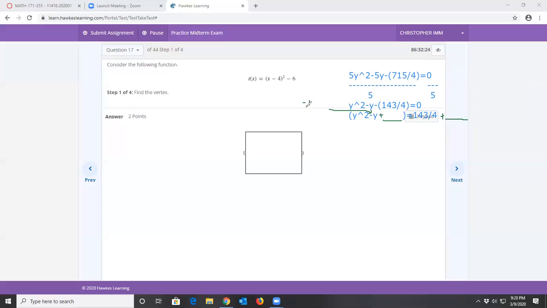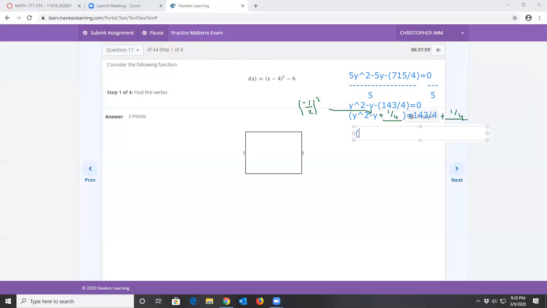I take that and divide it by 2, and then I square it. I'm going to add that onto both sides. So it looks like I'm going to add a 1/4 onto both sides, and that's going to complete my square. Gotcha. So it's always the same thing. You just take that b term, divide it by 2, and square it.